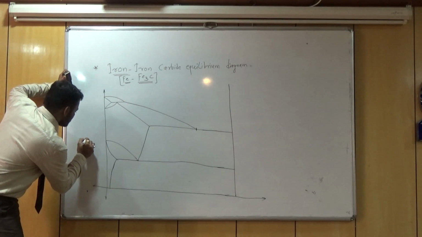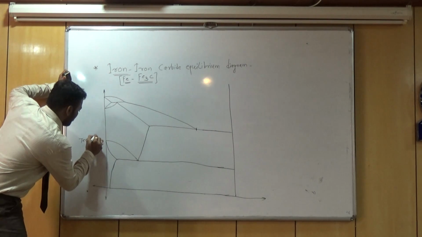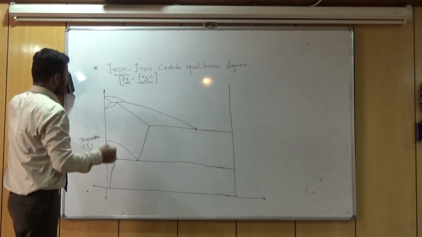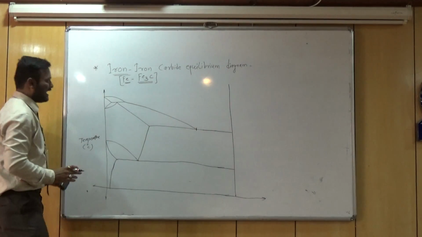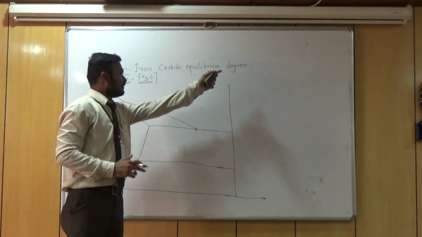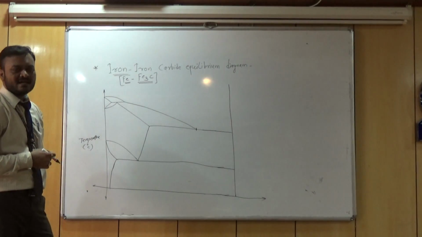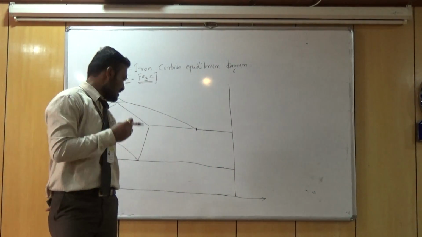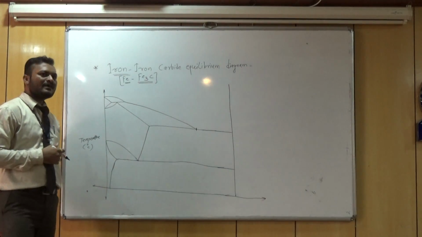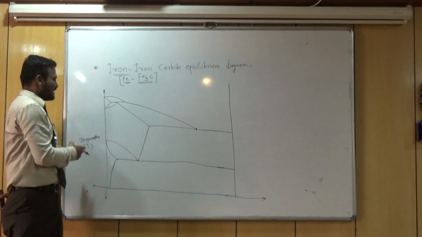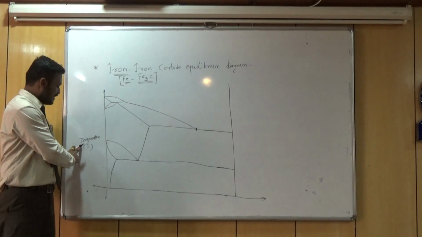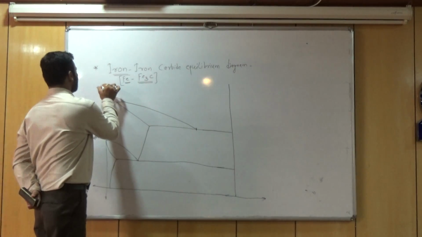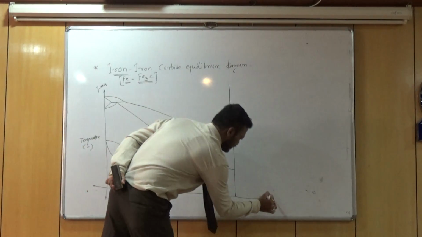Okay, on y-axis we are taking temperature. Okay, it is in degree Celsius, and on x-axis, as you are aware of these things, that is equilibrium diagram. It is a diagram which will indicate the phases existing in a system at a particular temperature and a particular composition. And in this diagram, on y-axis, that is on the ordinate, we are plotting the temperature, and this is the x-axis.